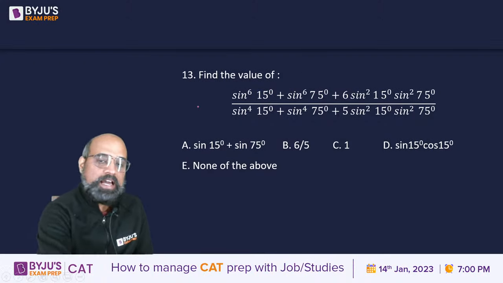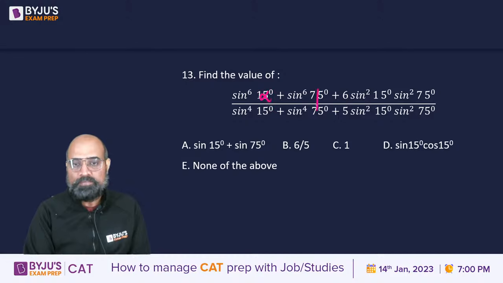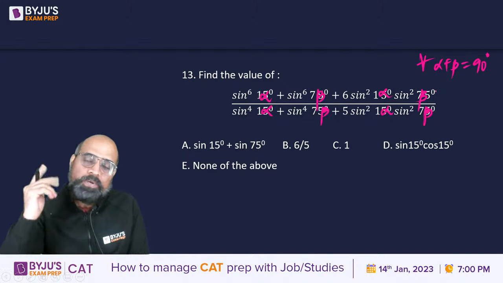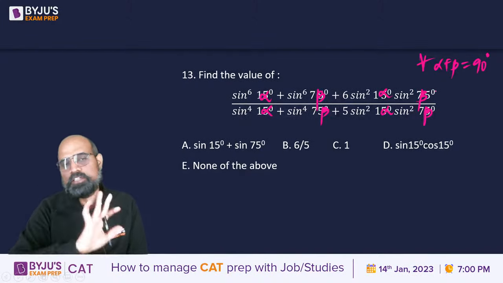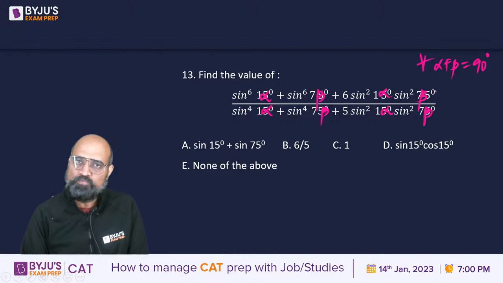As in, I can change it to alpha and beta, alpha and beta, alpha and beta, such that alpha and beta sum is 90 degrees. So you can take any 2 angles whose sum is 90 and put them here. Same answer will come. More like a property here.